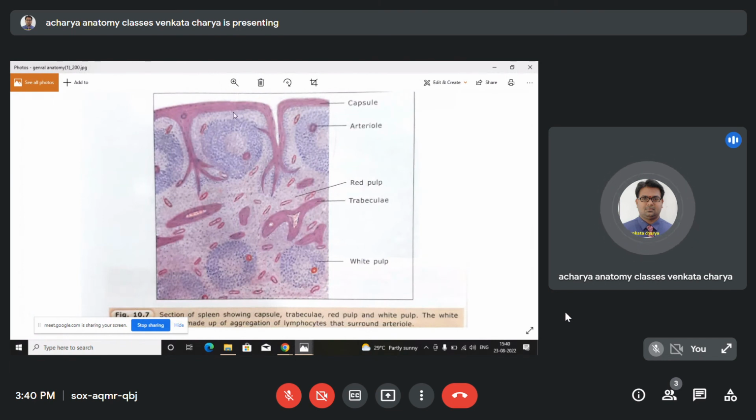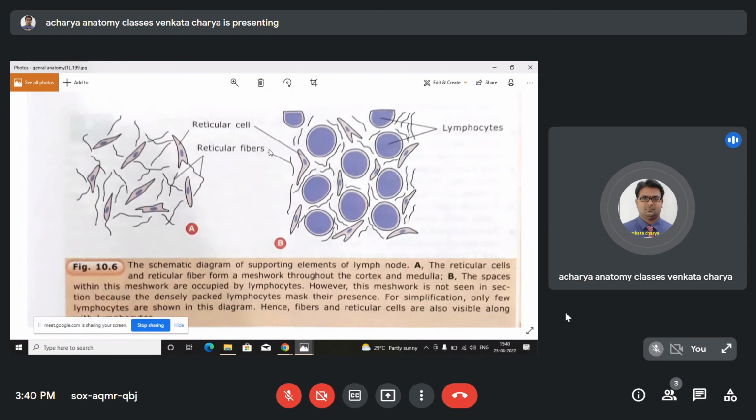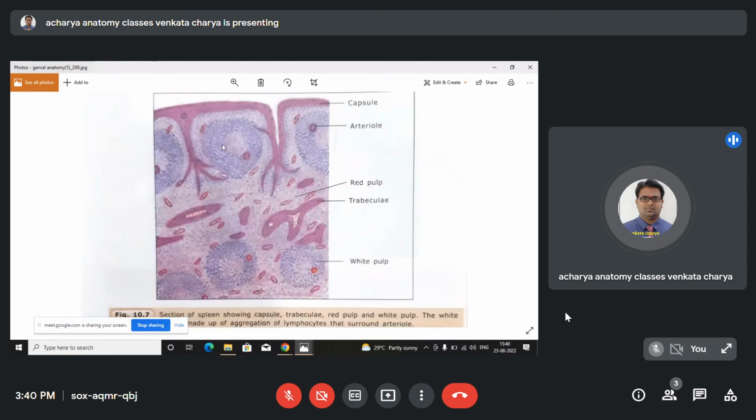In the cortex there is a lymph nodule with a pale germinal center. The central artery is present eccentrically.